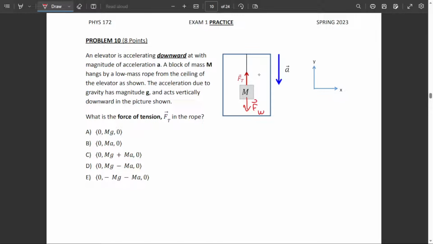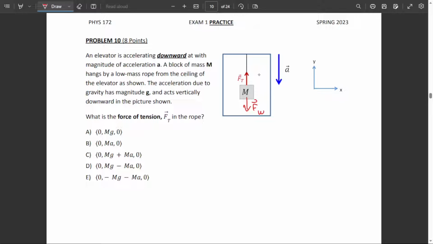And those are the only two forces acting on our block of mass. There's the force of tension and the force of weight. So we know the entire elevator is accelerating down, and if the mass is keeping tension on the rope, then the mass is also accelerating down with that same acceleration a.